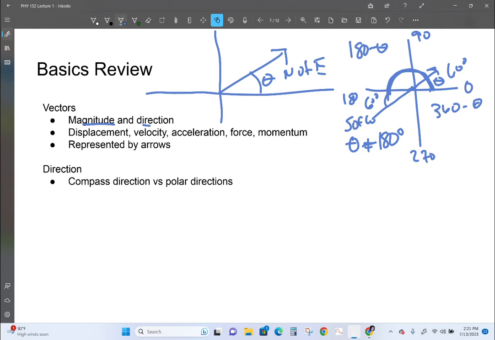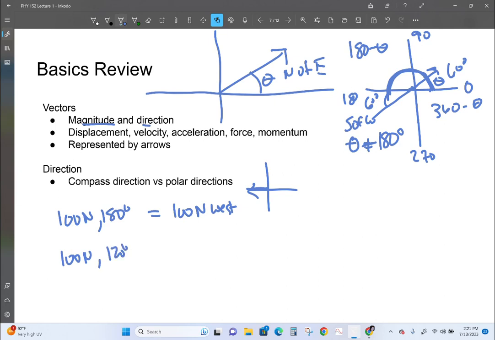Let's just do a couple examples. So if you had 100 newtons at 180 degrees, that would be the same thing as, so here's our little arrow pointing here. So it would be 100 newtons west. What if I had 100 newtons at 120 degrees?